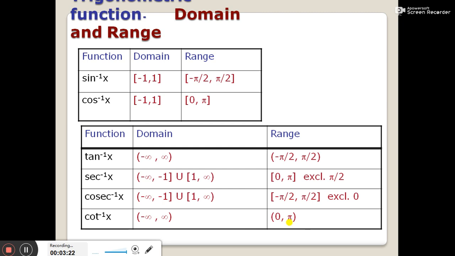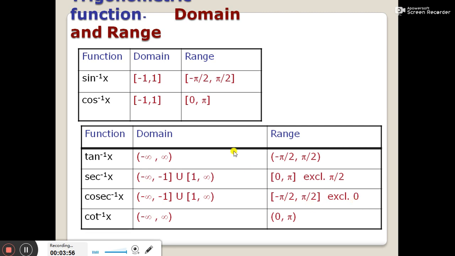The domains of tangent inverse x and cotangent inverse x are the same, and the domains of secant inverse x and cosecant inverse x are the same. The ranges of tangent inverse x and sine inverse x are both minus pi by 2 to pi by 2, but in sine inverse x we have the closed interval, and in tangent inverse x we have the open interval, and in cosecant inverse x we have the closed interval minus pi by 2 to pi by 2, excluding 0.